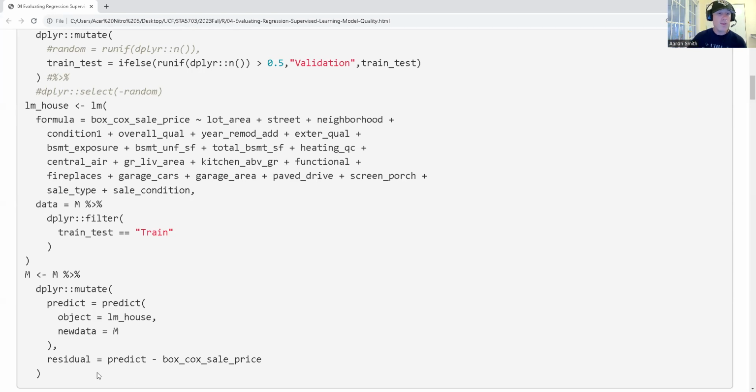Very nice. And then to get the residuals for each of these, I'm going to do some subtraction. And on the test set, it's going to be NA because there's no actual value on there. Now, notice how I define my residual. Different textbooks do different things, but I say the residual is the predicted value minus the true value.